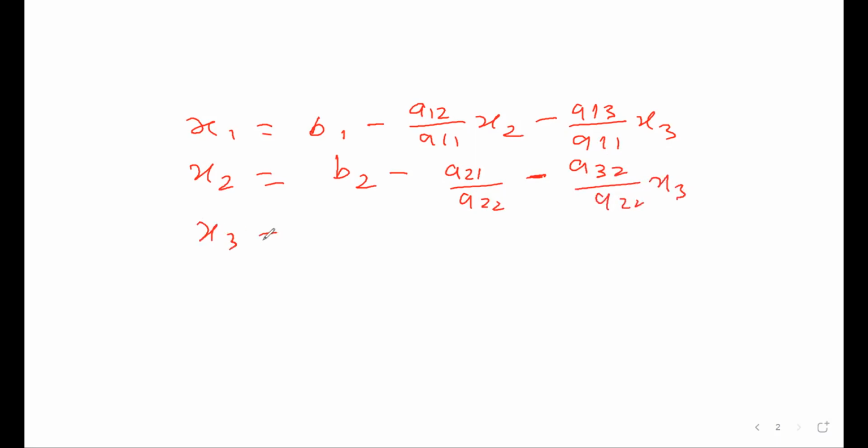And if we solve for X3 from equation 3, it is equal to B3 minus A31 divided by A33 into X1 minus A32 divided by A33 into X2. Now you have your three equations there.